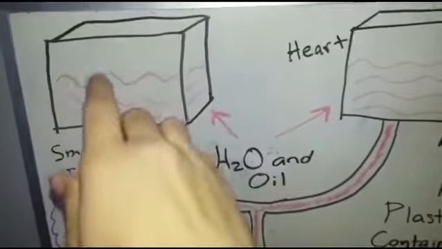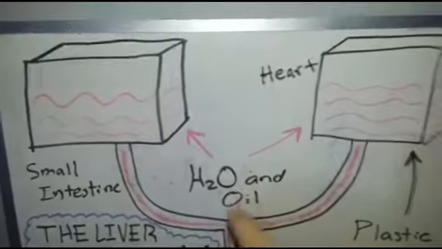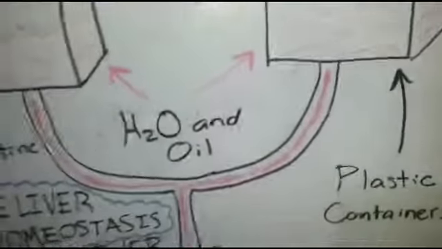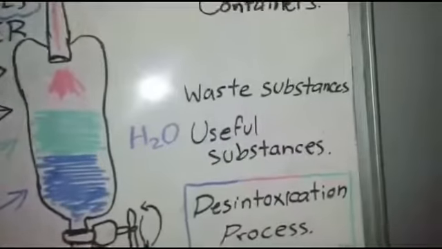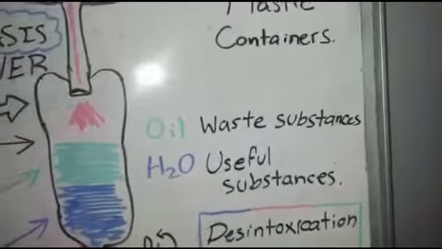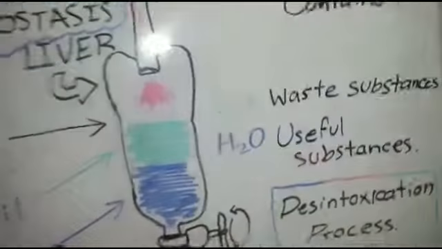This red substance is a mixture of water and oil. Water represents the useful substances such as proteins, minerals, vitamins, and carbohydrates, and the oil represents the waste substances.